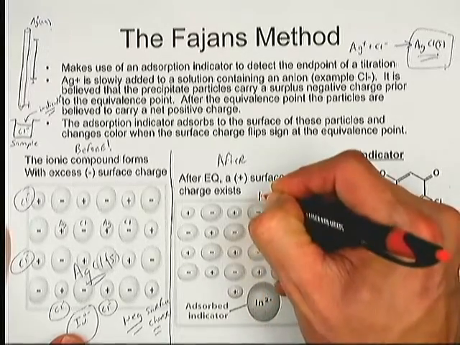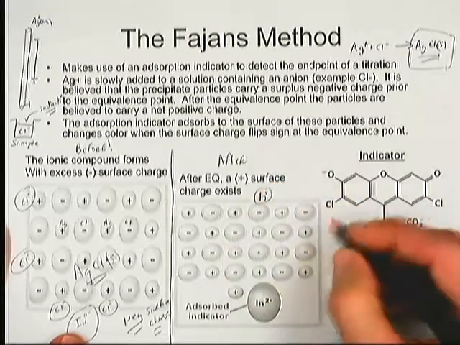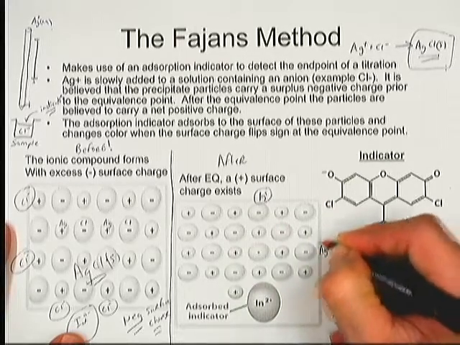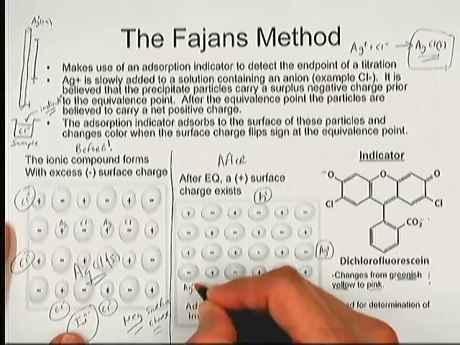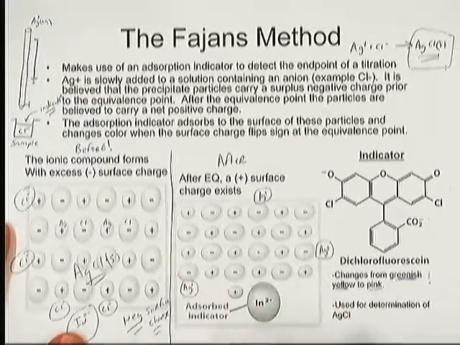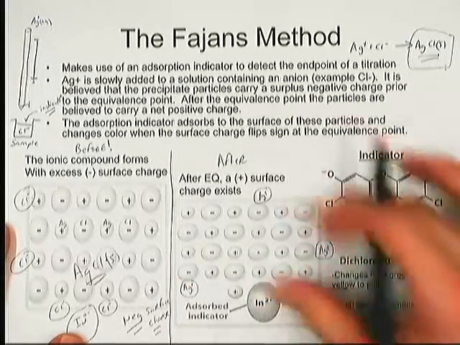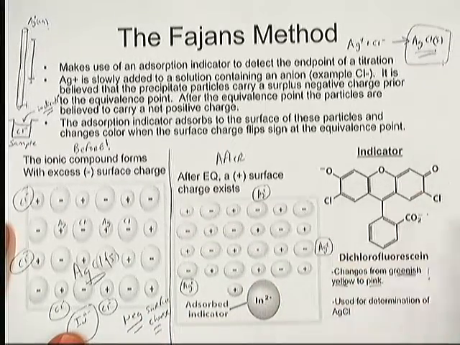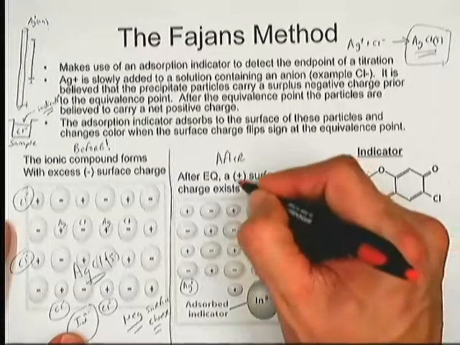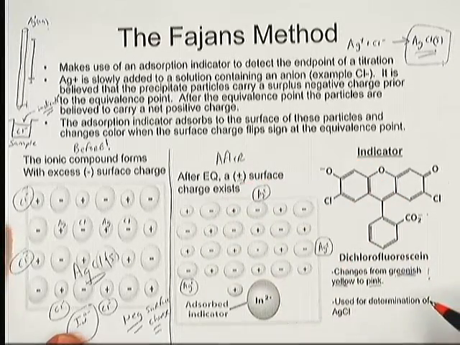And those silver plus 1 ions are going to accumulate at the surface, like they were trying to form the next level of this crystal, but there's just insufficient chloride to titrate it off. So we're going to have a positive surface charge as a result of this.